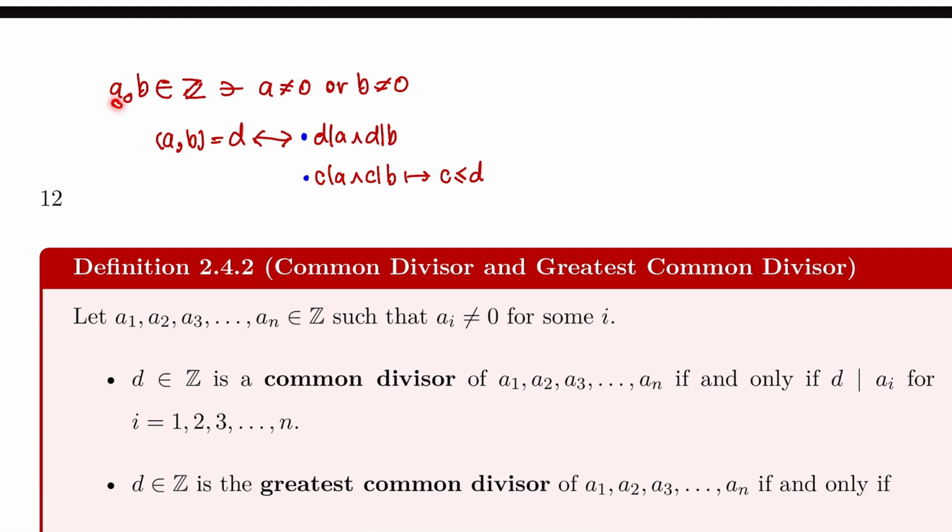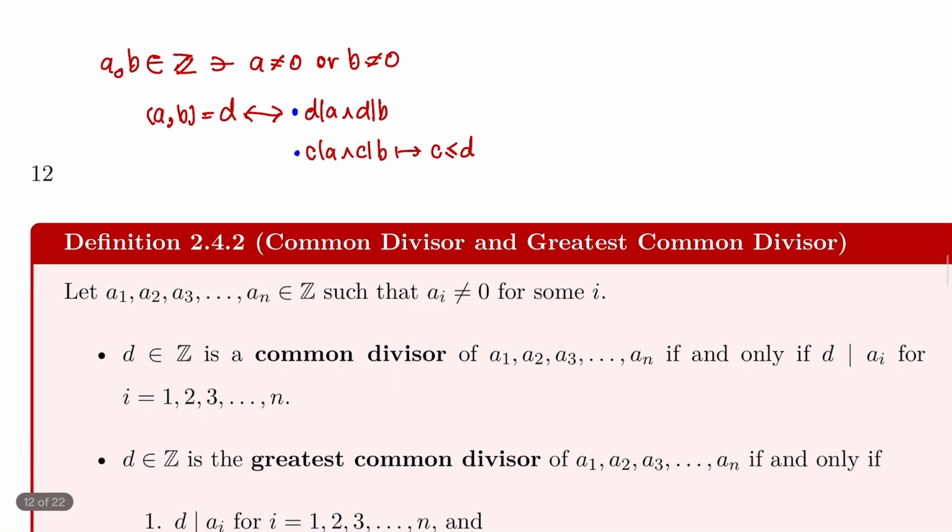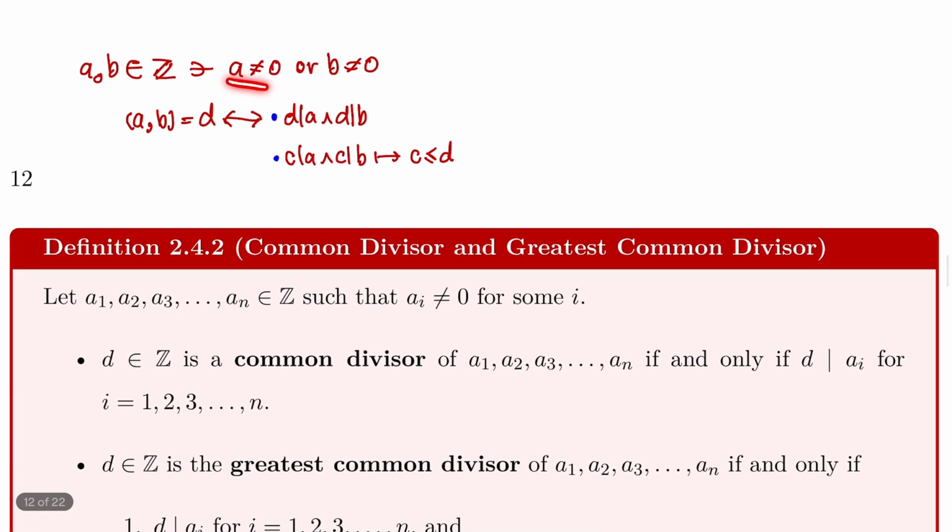So we let A and B be integers such that A is not 0 or B is not 0. The greatest common divisor of A and B is D if and only if D satisfies the following properties.